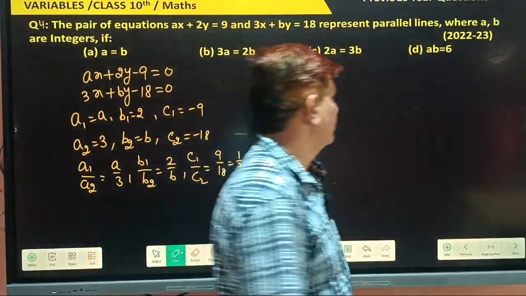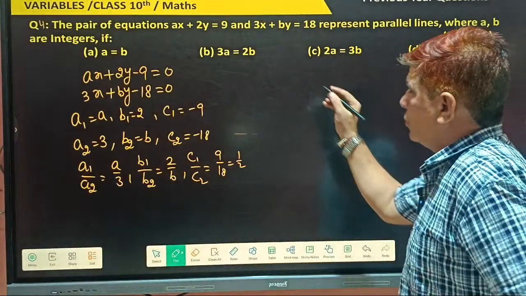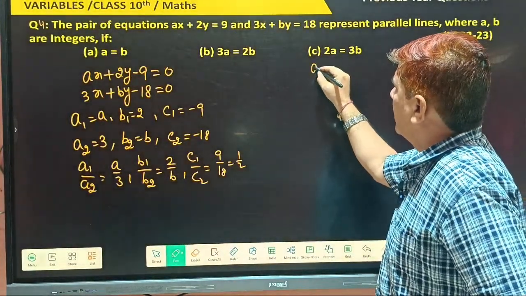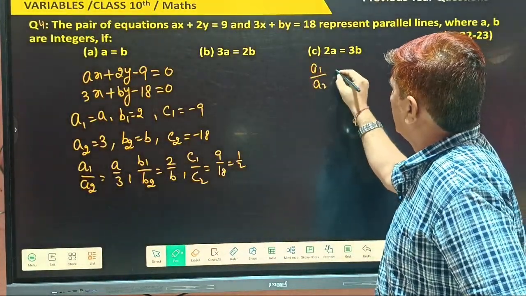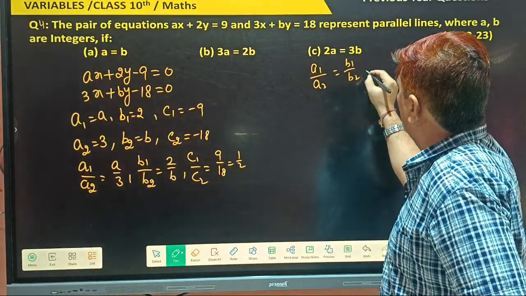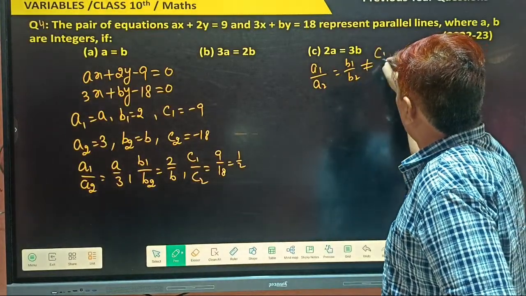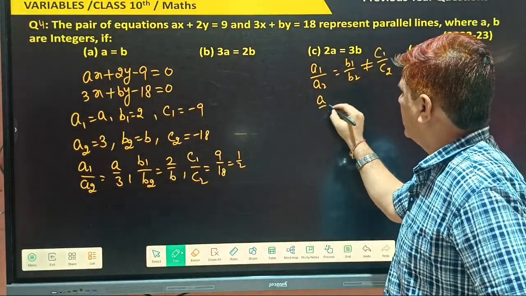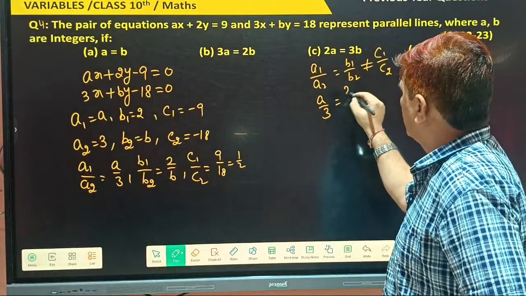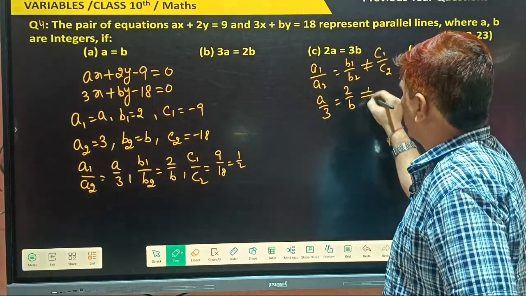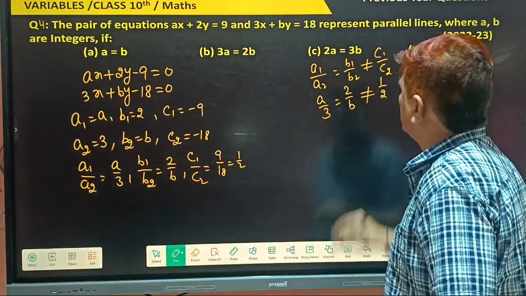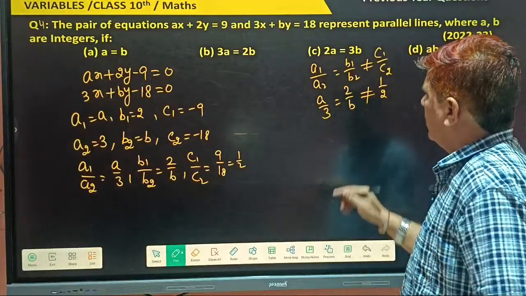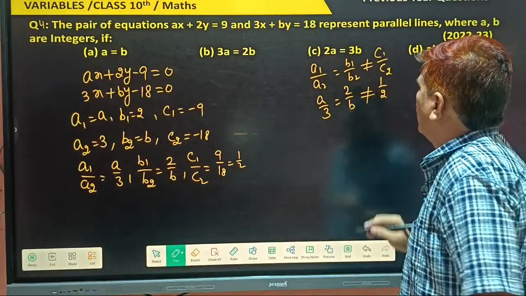So parallel means a1 by a2 equal to b1 by b2 not equal to c1 by c2. So take a by 3 equal to 2 by b, not equal to 1 by 2.